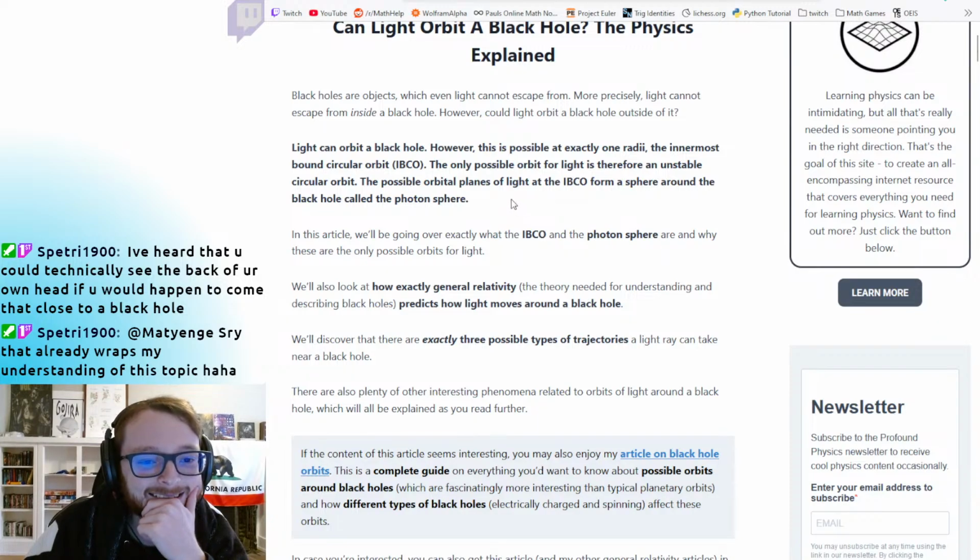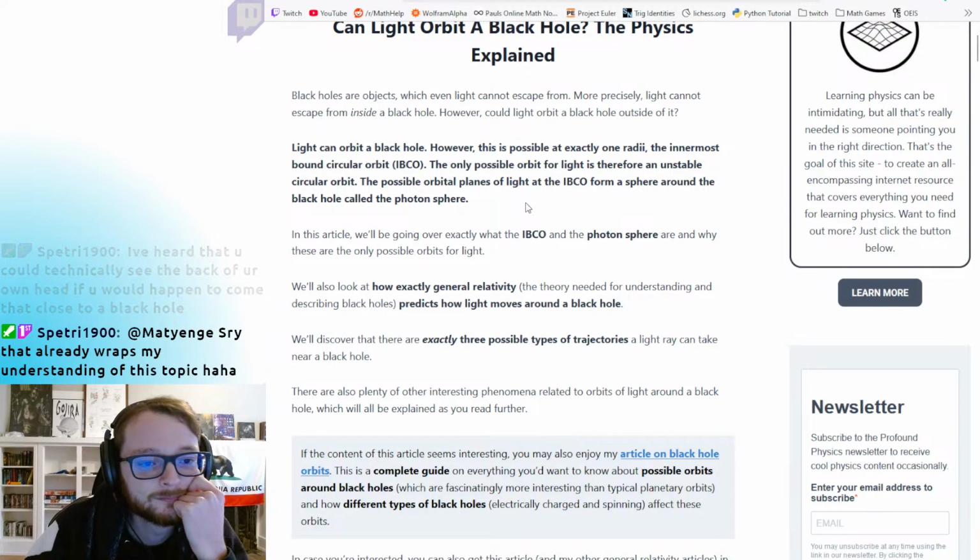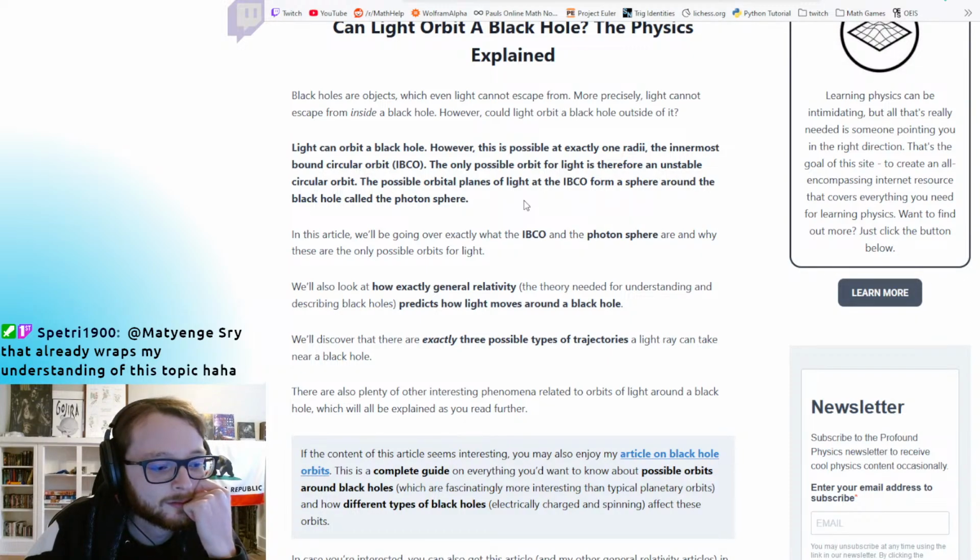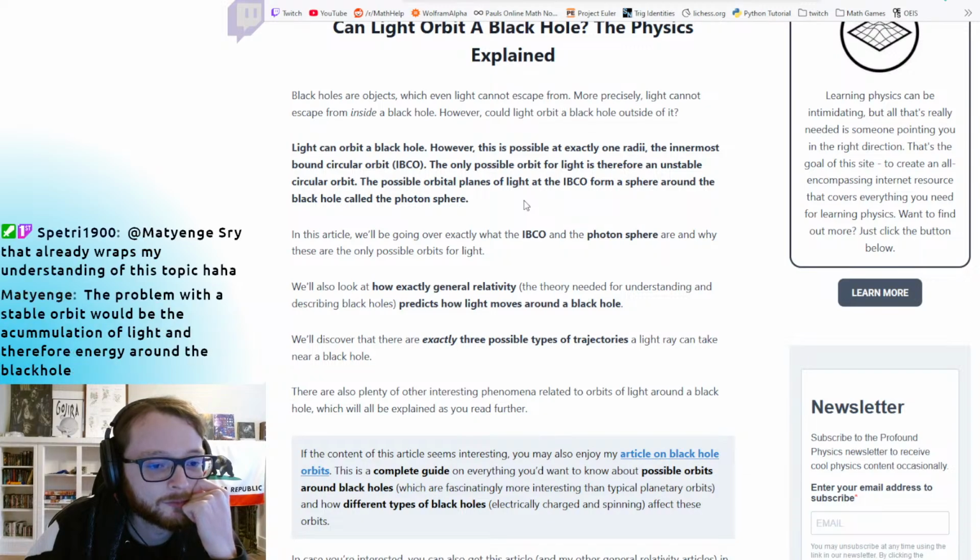The possible orbit for light is therefore an unstable circular orbit. Interesting. So it can't stably orbit, so no accumulation of light and therefore energy around the black hole. That sounds convincing.